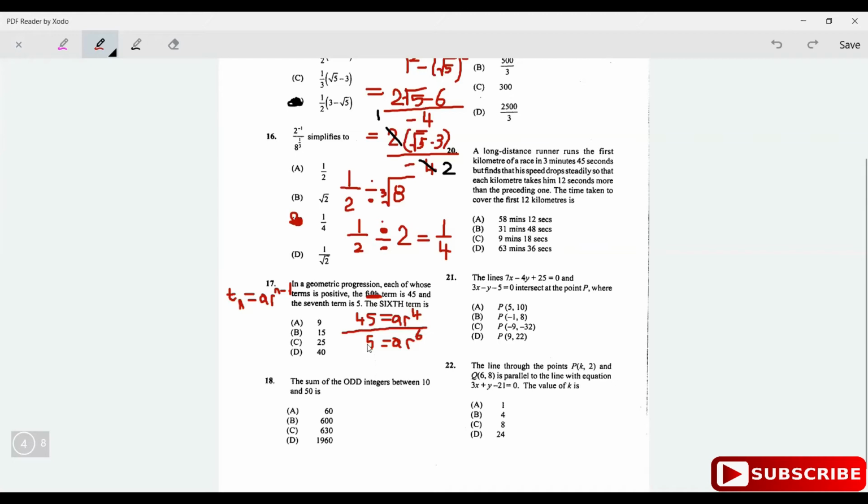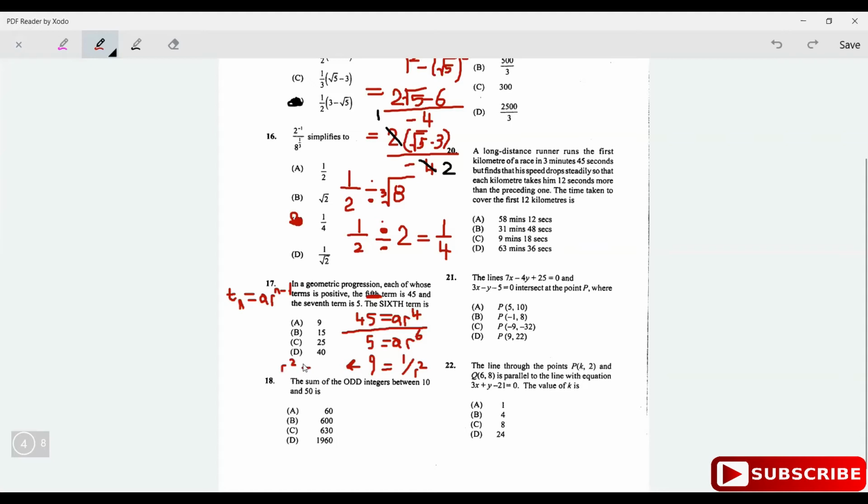45 over 5 is 9. a divided by a cancel. r to the 4 over r to the 6 is r squared. So that leaves 1 divided by r squared. That is 9. And so that implies that r squared is equal to 1 over 9.